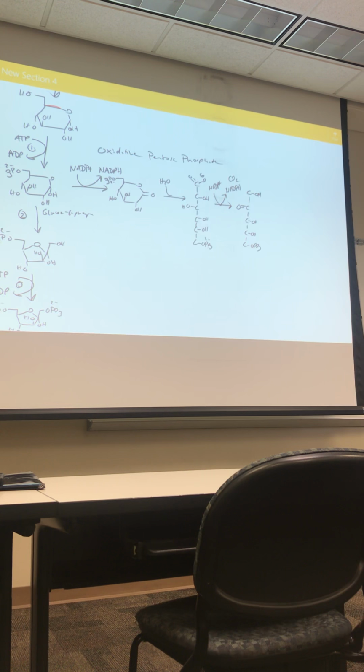Now from here, this can go different ways. We can convert this, and I'm just going to draw it as an arrow, via an isomerase, this way. What we're going to do is just make ribose. It's just the aldose one.